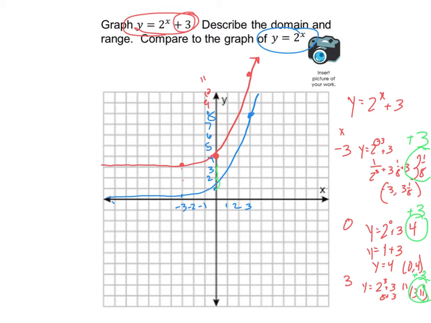So every time I added 3. Other than that, it's exactly the same. So y equals 2 to the x plus 3 is a translation. Remember that? Translation 3 units up from y equals 2 to the x power.